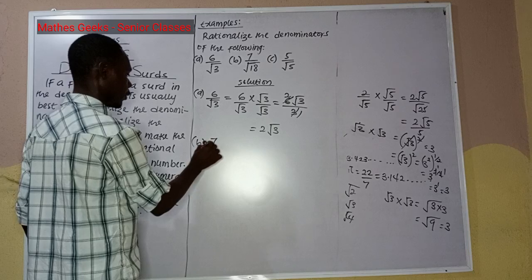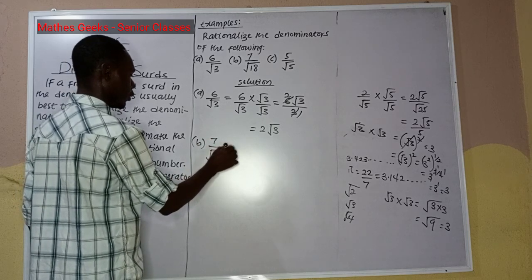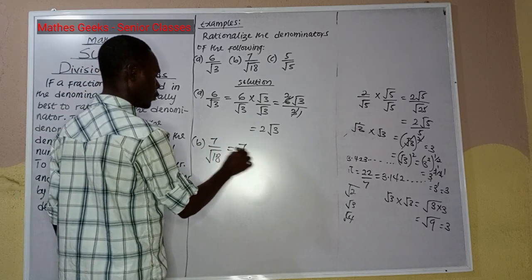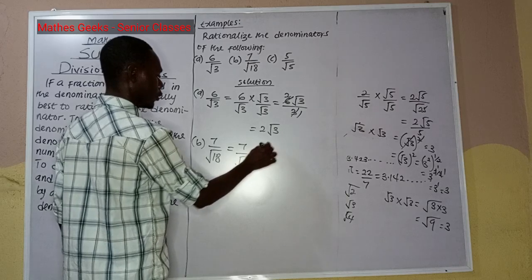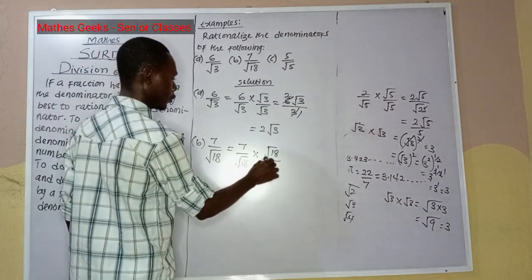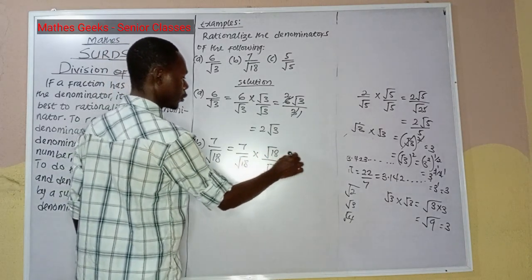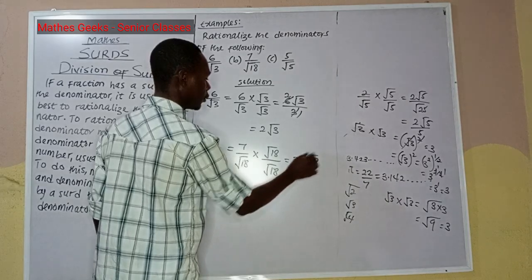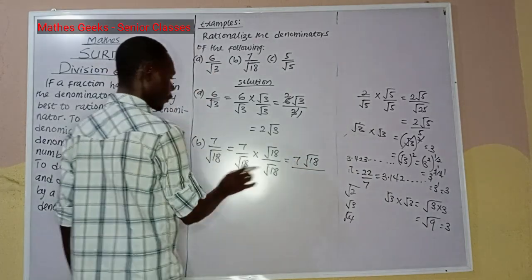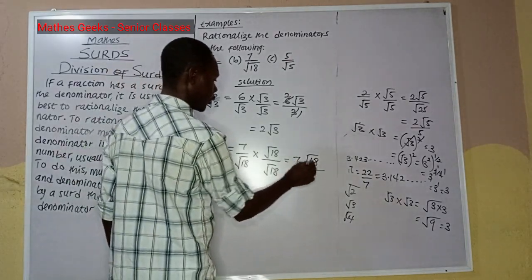B, 7 over root 18 is equal to 7 over root 18 times root 18 over root 18. So 7 root 18 over root 18 times root 18 will give us 18.